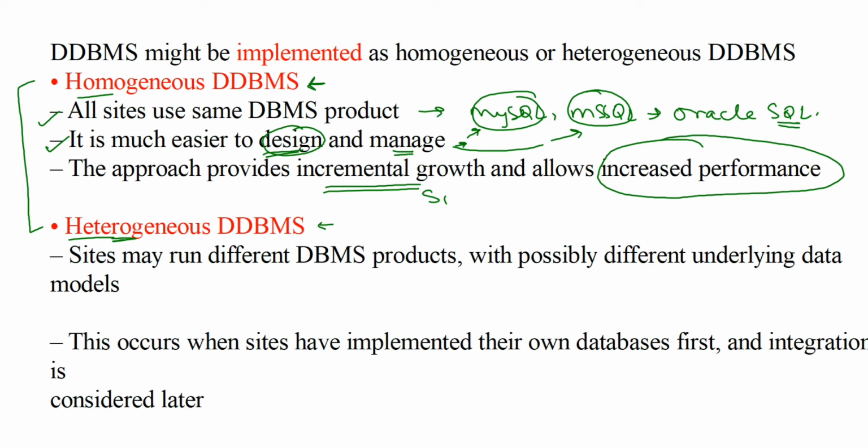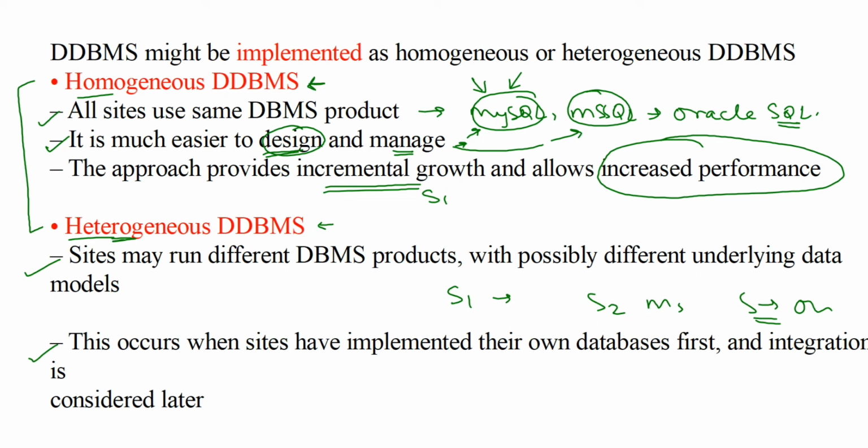Now coming to the heterogeneous distributed database management system, the sites may run different DBMS products. In homogeneous, each and every site has the same database product, but in heterogeneous they can have different ones, like S1 using MySQL, S2 using MS SQL, and S3 using Oracle SQL. This occurs when sites have implemented their own database first and integration is considered later.